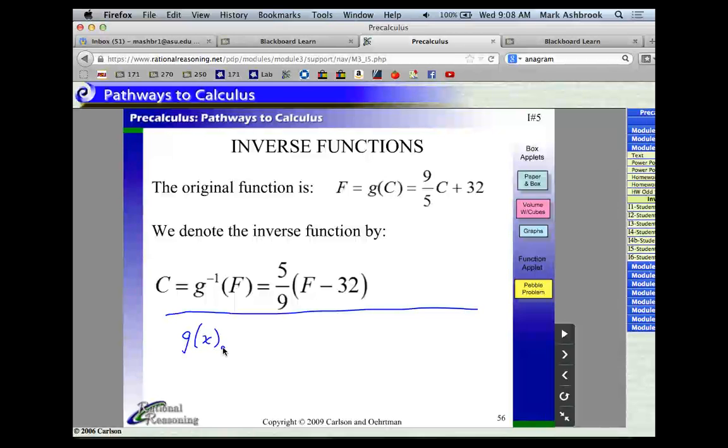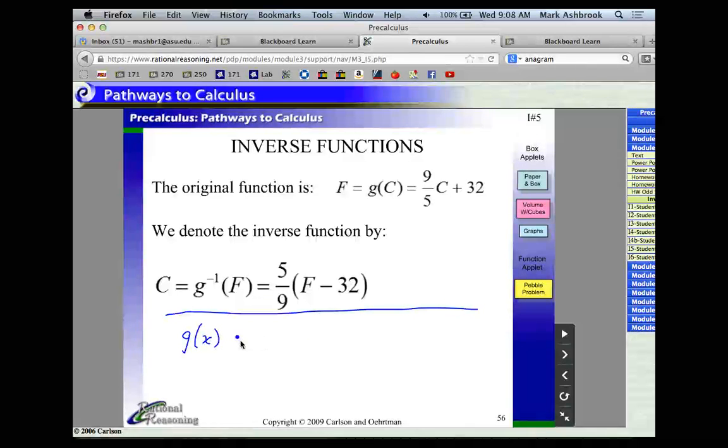What is the quantity? Celsius temperature, right? So we could write G of x equals 9/5. And so what do we do to Celsius temperature to get Fahrenheit? First we multiply the input by 9/5, and then add 32, right?